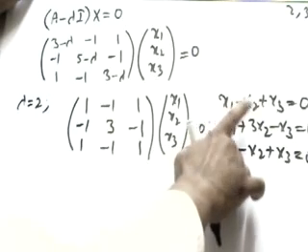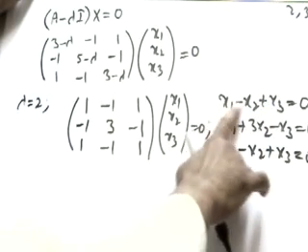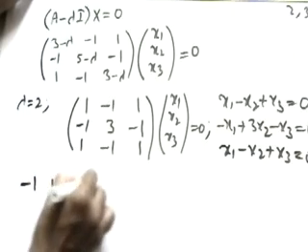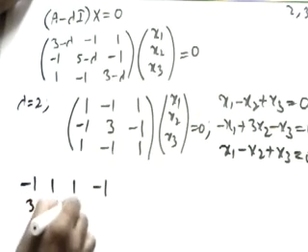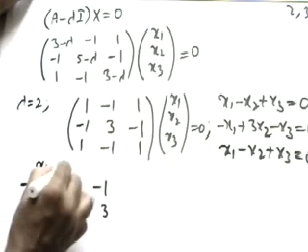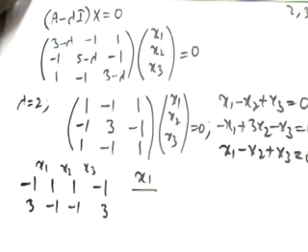Start from here: minus 1, 1, 1, minus 1; minus 1, 1, 1, minus 1. Here 3, minus 1, minus 1, 3; 3, minus 1, minus 1, 3. Here x1 x2 x3.